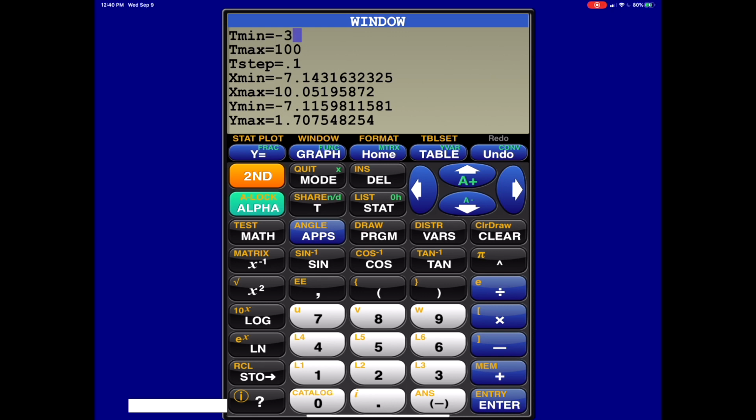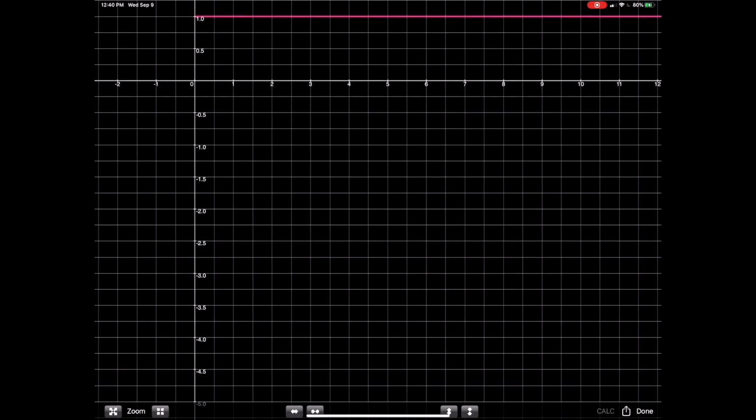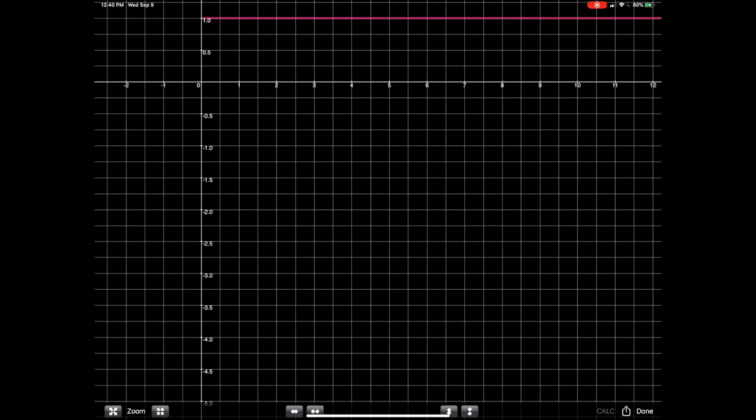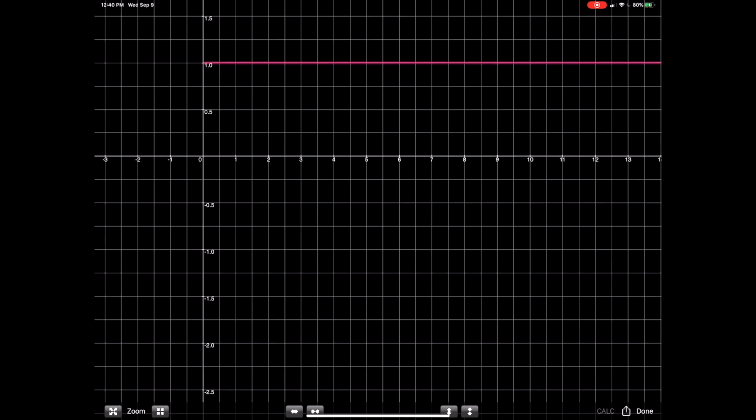So we will have just a parallel line, starting at 0, 1. Cool? So that's what that one looks like.